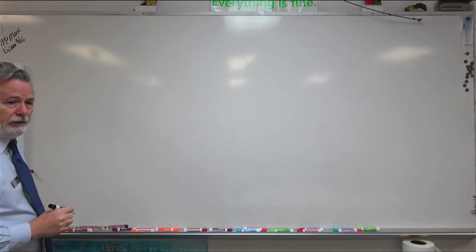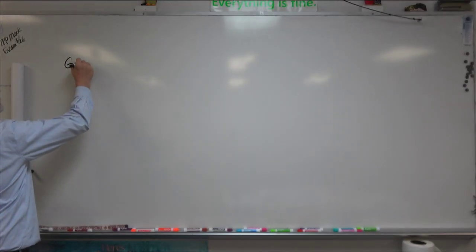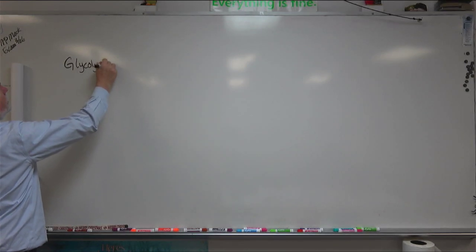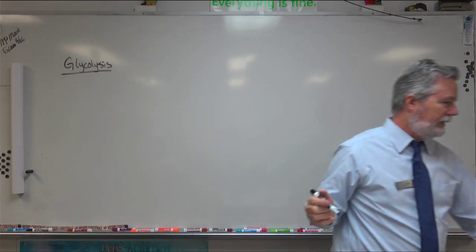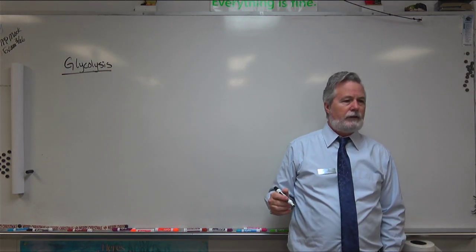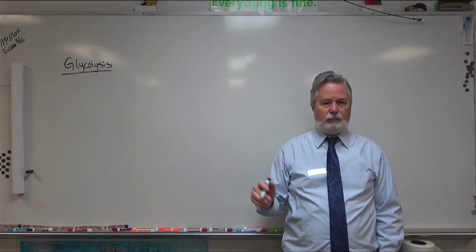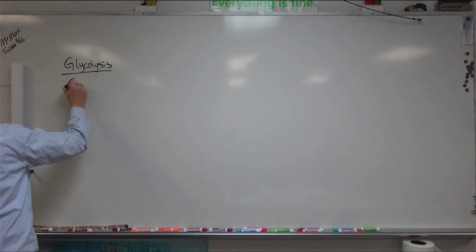All righty. So let's start off at the very first thing, which is glycolysis. And so the very first molecule on the far left-hand side, what's that very first molecule? Very first one that goes right inside the cell membrane. Glucose, that's correct. Yes, it is glucose.